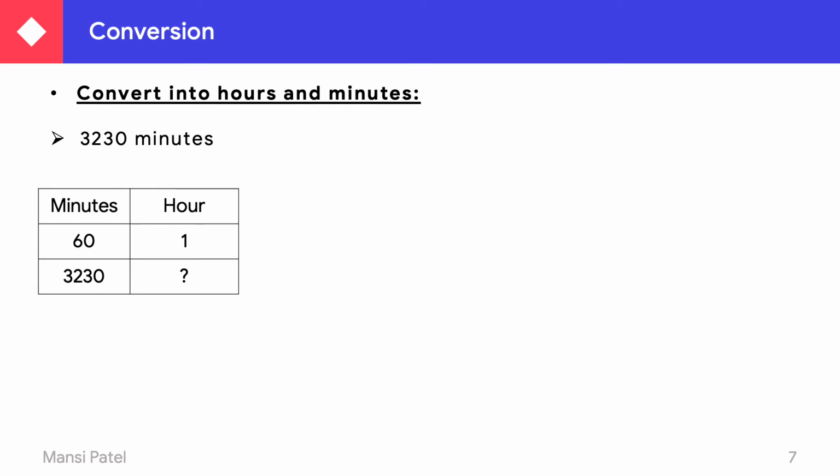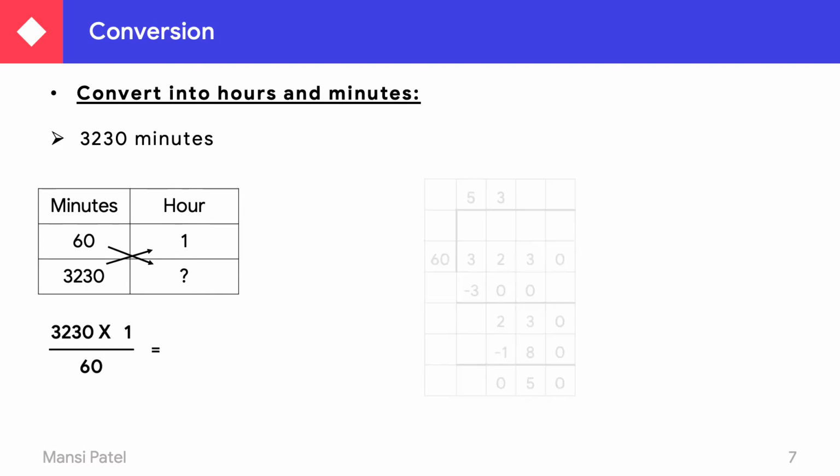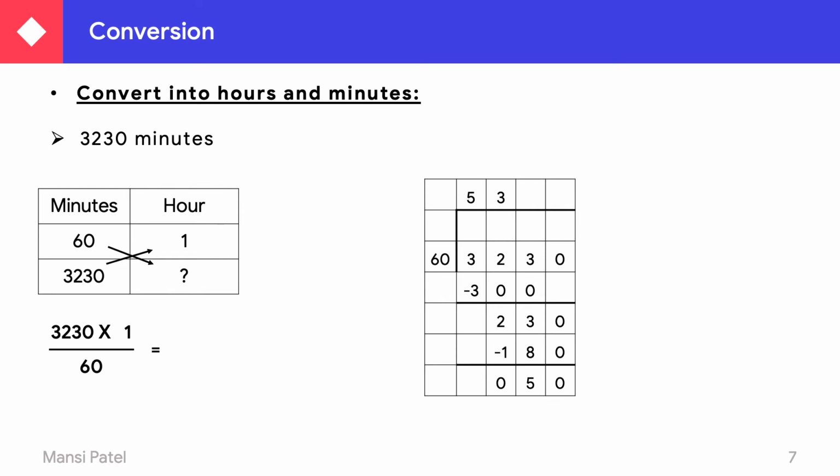So they gave 3230 minutes is equal to question mark. Do the multiplication of the number written in the cross. So here you have to do 3230 divided by 60. Do the division. When you do the division of 3230 divided by 60, you get some quotient and remainder.